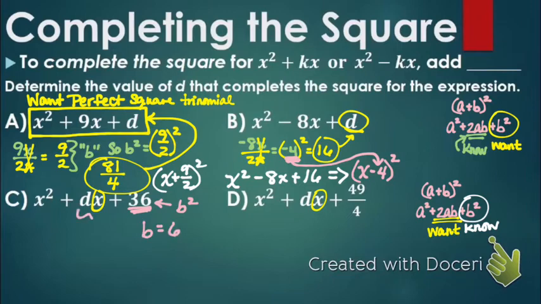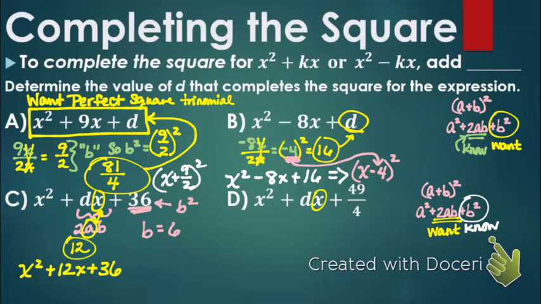6. This middle piece right here is 2ab. We know that that is x. So 2 times b. What are we going to have as this middle term? 12. We need 12 here, so that it would be x squared plus 12x plus 36.